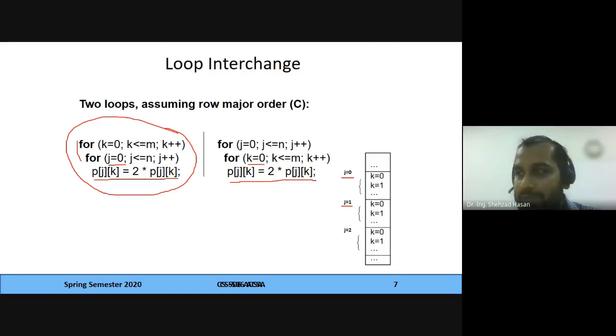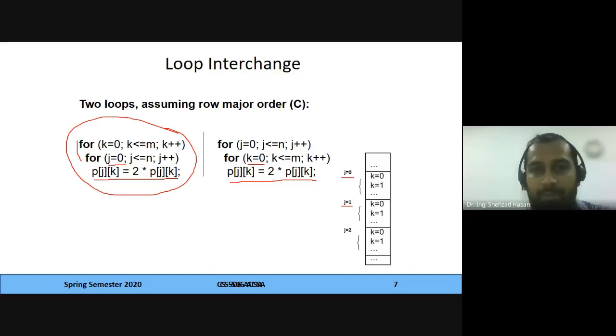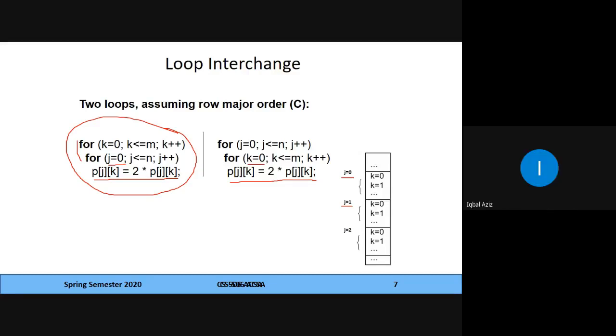Iqbal Aziz, you also said that they would be equal. Why? Sir, because for each iteration we are going to access the memory for each location, like J and K. For both of the loops, if we perform the operation, we will perform equally.